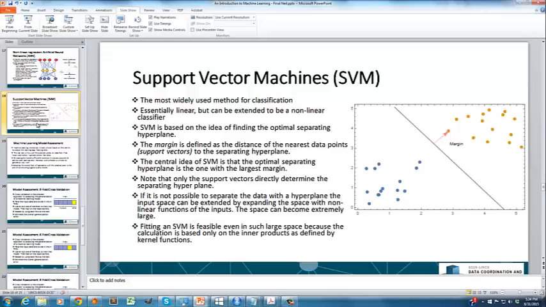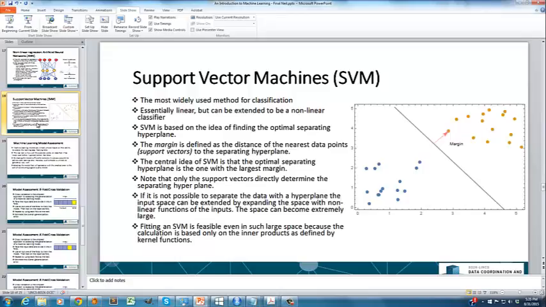It's essentially linear because the method of the support vector machine is to find the optimal separating hyperplane, which is to say the linear boundary which divides the space in a way that optimally predicts the class of the input.